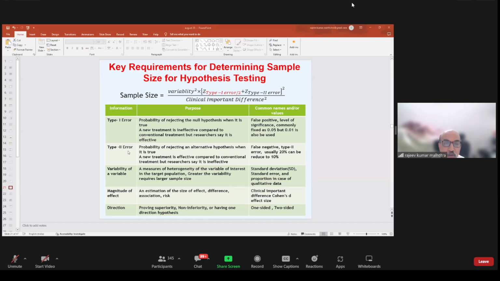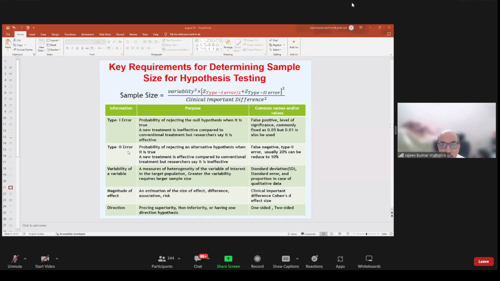If this is wrong, your sample size is not adequate. If you take a large variability, your sample size is quite high. If you take a small variability, your sample size will be small, but you will not get the desired result. So this variability is an important thing. You have to take care of it, and get this information from reliable sources.